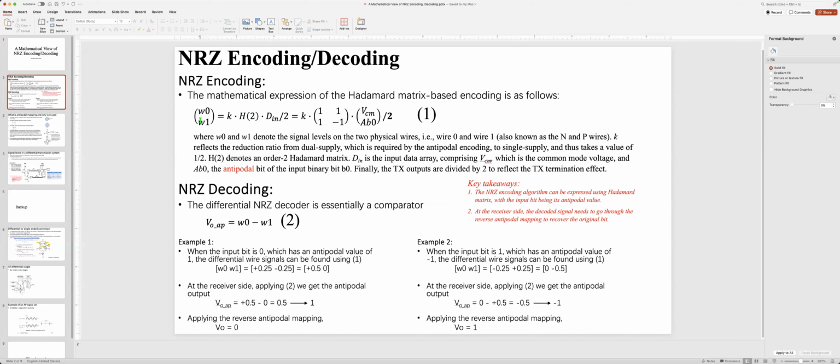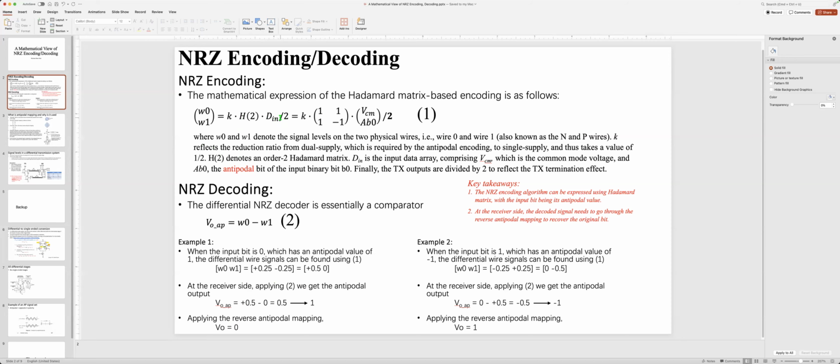We have two wires, wire 0 and wire 1, corresponding to the N and P wires. And then we have the Hadamard order 2 matrix. And then we have D_in, which represents the input bit.